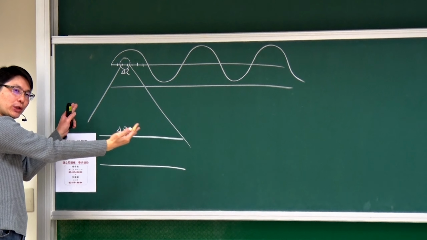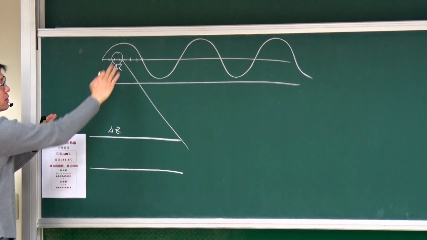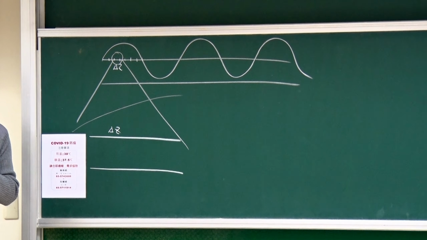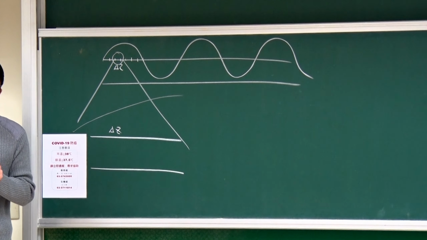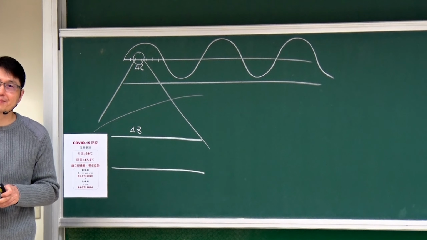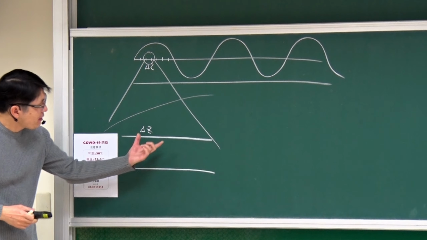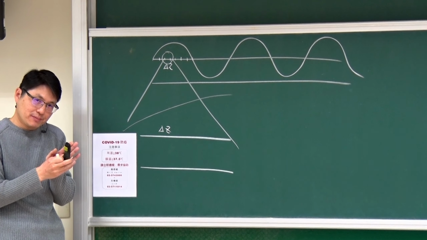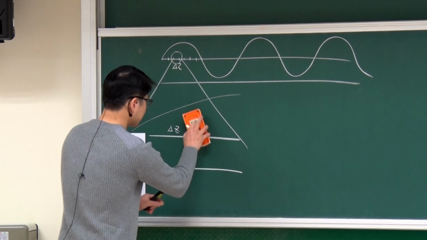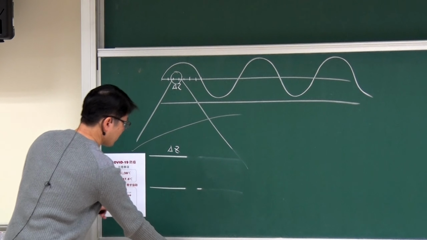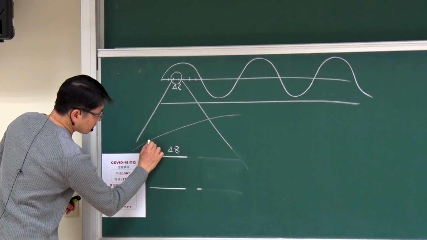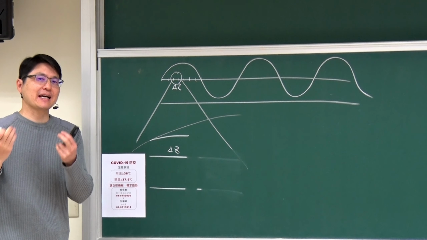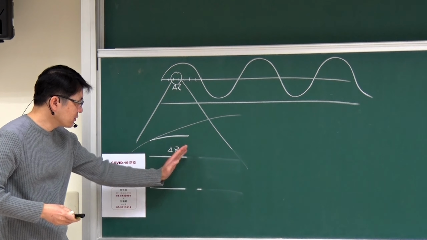In this very short segment, the waveform change is really not that big. If I make my single segment even shorter, for example, even shorter, then the voltage change or current change can be viewed as a constant throughout the segment.